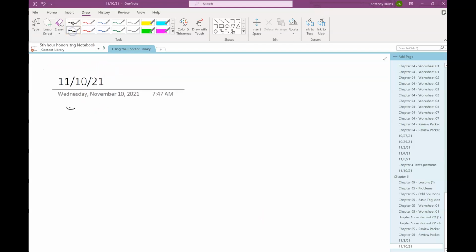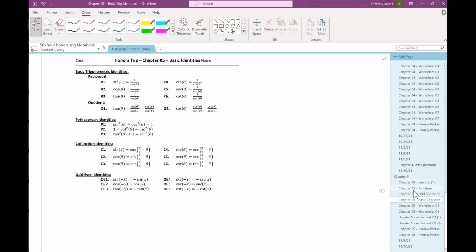So in chapter 5, section 1, we've been talking about these identities, right? We spent yesterday discussing and deriving these identities that we've collected all together on this identity sheet.